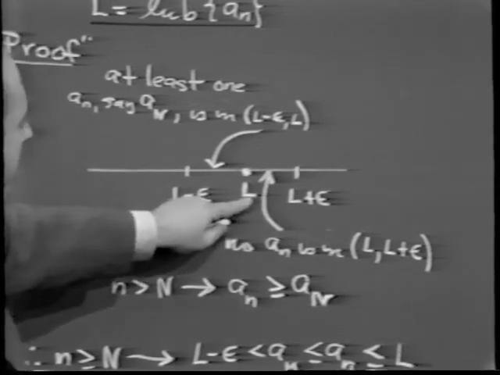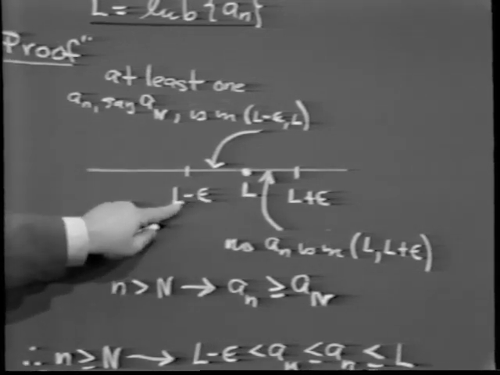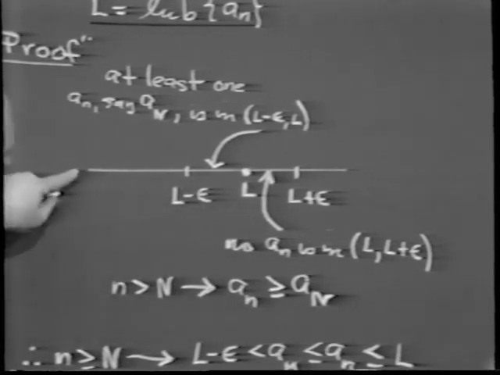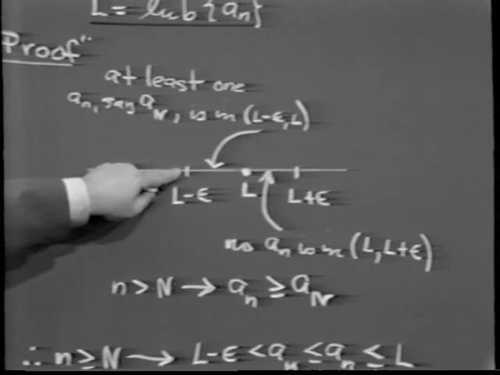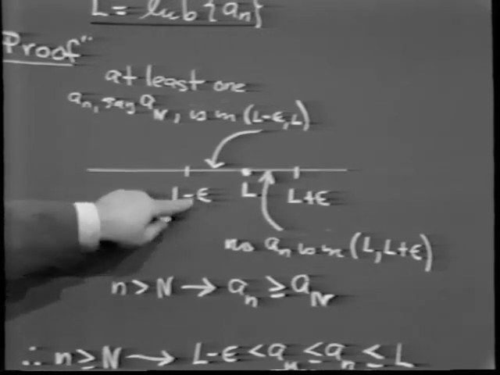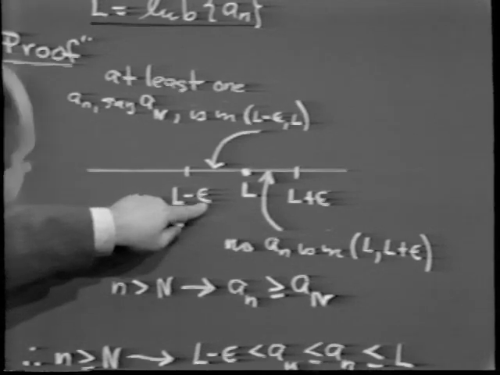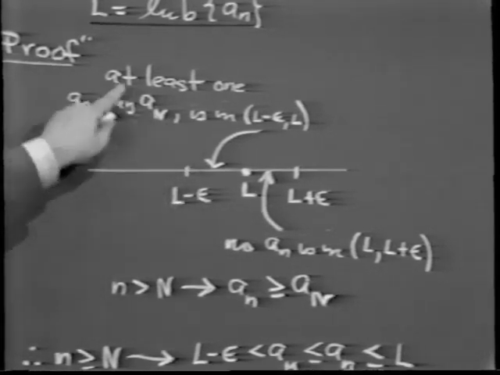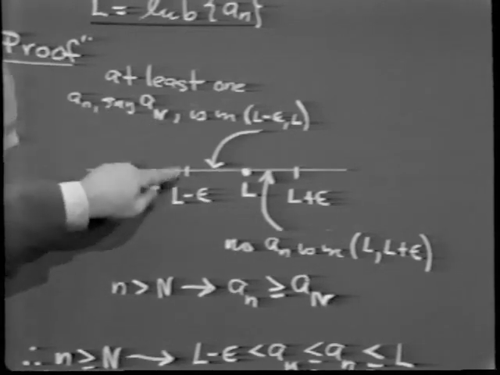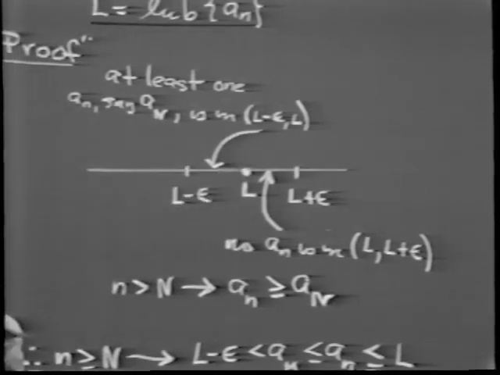Remember, L is a least upper bound. Because L is a least upper bound, L minus epsilon cannot be an upper bound. Now, if no term could get beyond L minus epsilon, then certainly L minus epsilon would be an upper bound. The fact that L minus epsilon isn't an upper bound, therefore, means that at least one a sub n, say a sub capital N, is in this interval here.